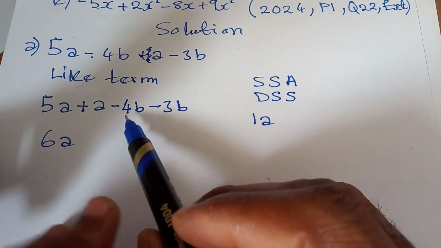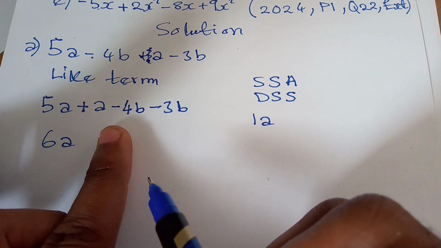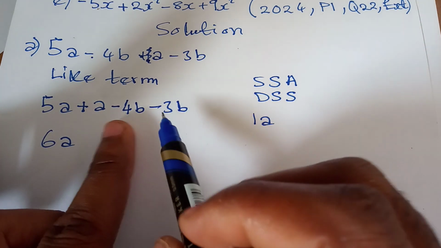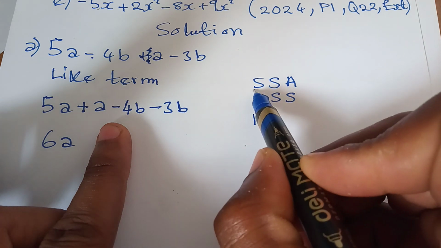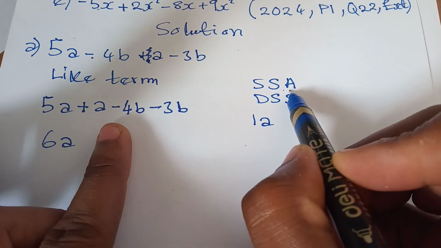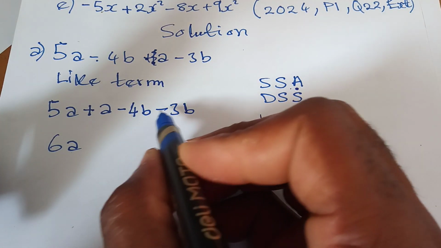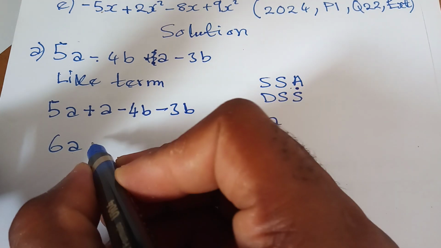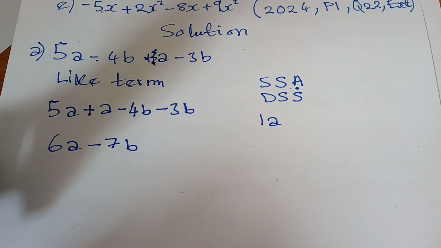So now, in this case, we have negative 4 and negative 3. You can ignore the b for now. So negative 4, negative 3 means you have the same signs. So what do you do when you have the same signs? You add. So negative 4b minus 3b is negative 7b.